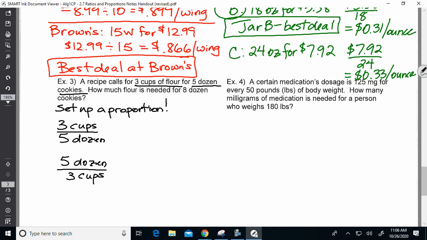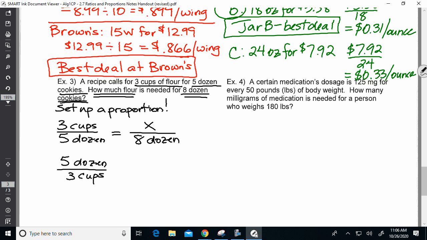So if they're asking you how much flour is needed for 8 dozen cookies, that means 3 over 5 equals x over 8. If you put cups at the top, then the x is going at the top.